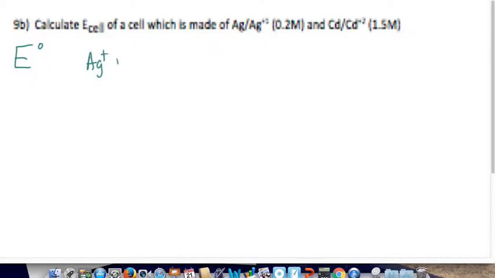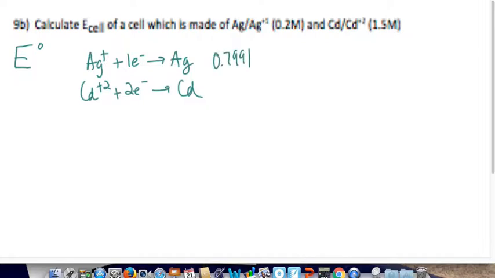Ag plus 1 electron, that's how we write that as reduction. And our cadmium is plus 2 electrons. That's how we write that. Okay, y'all look up values. 0.7991. And this one was negative. I just don't remember what it was. 0.4025.